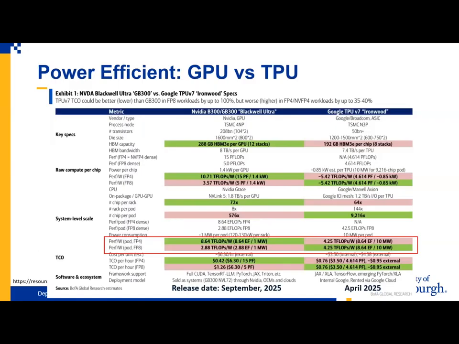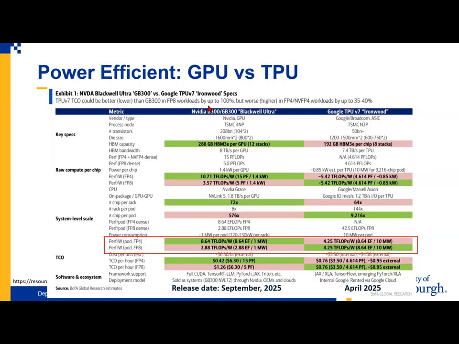Okay, so in the previous slide we introduced the systolic array operation to do a 1D convolution operation to do the matrix multiplication. And this slide shows the power efficiency between the GPU and the TPU.